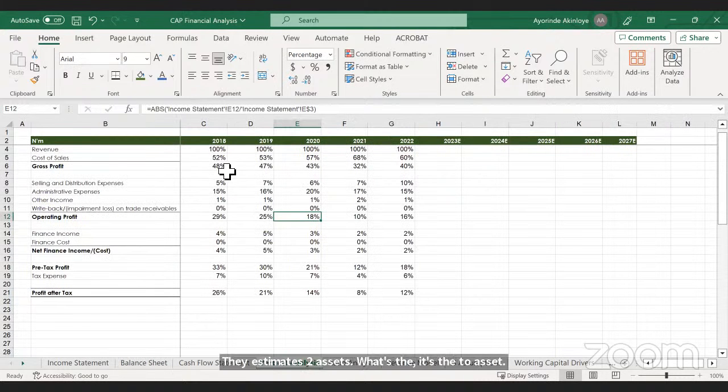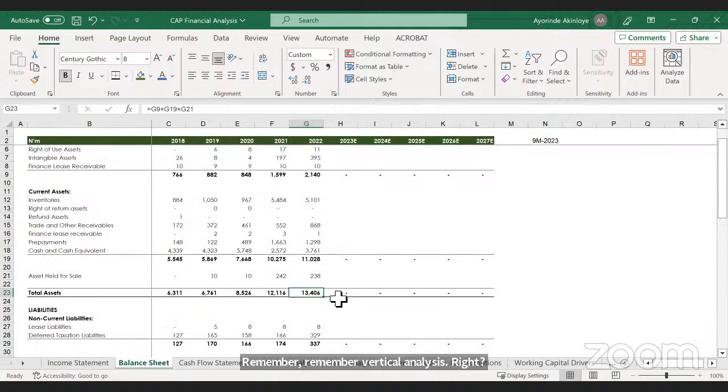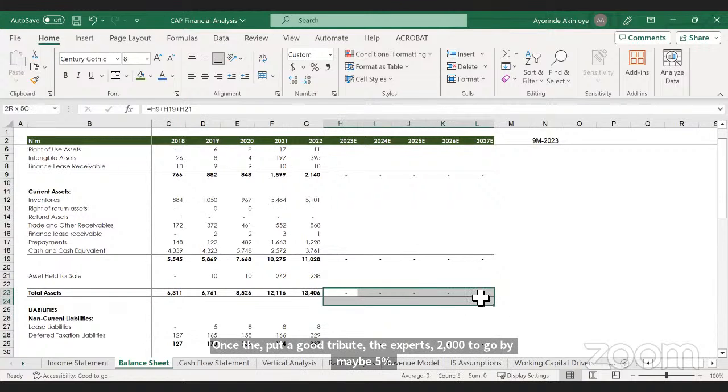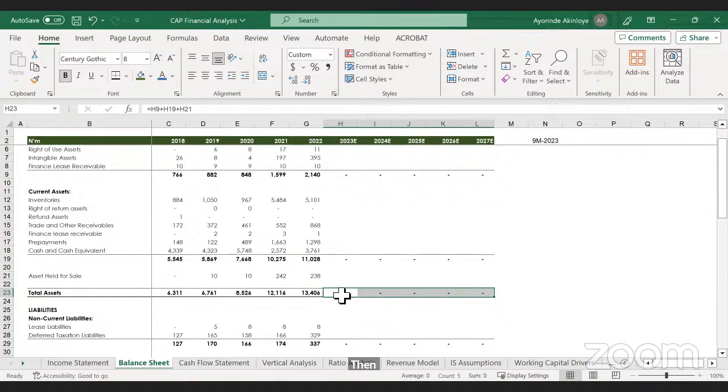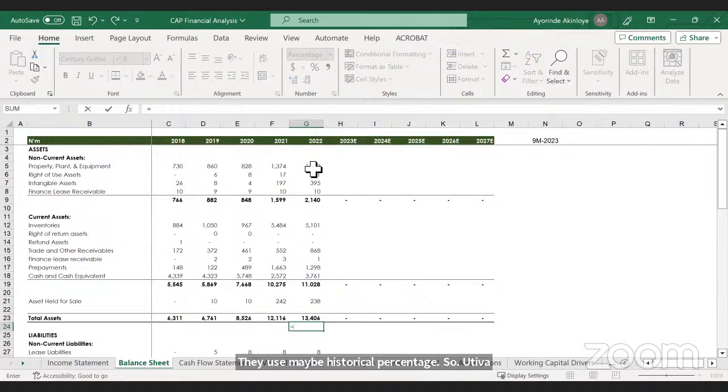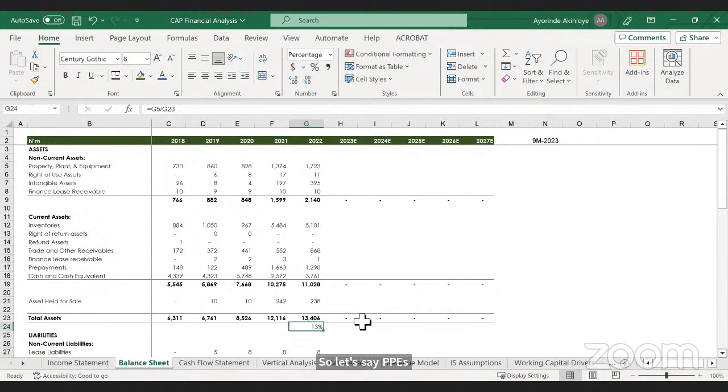Remember vertical analysis, right? If you remember vertical analysis, you understand this. Maybe they expect total assets to grow by maybe 5%. Then they get total assets, and then what they now do is they use the historical percentage, whatever percentage PPE is as a percentage of total assets. So let's say PPE is 13% of total assets.